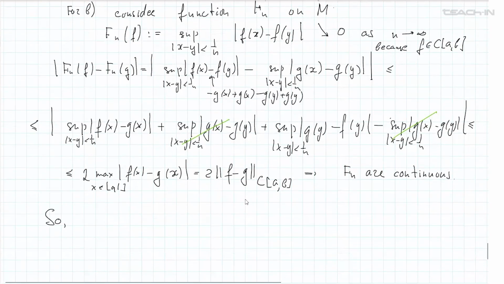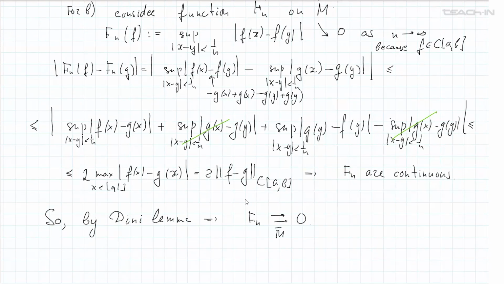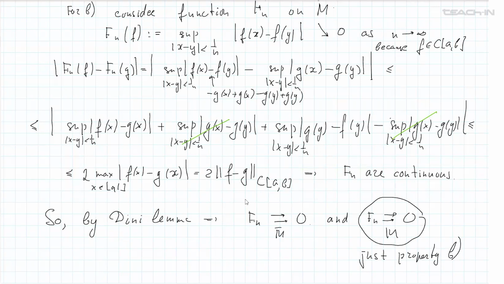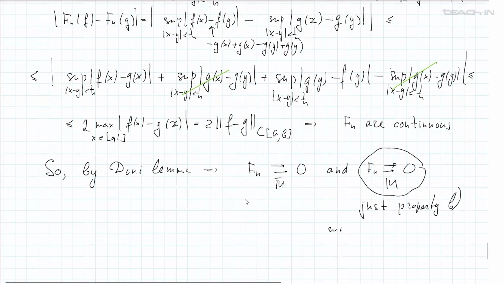So by the Dini lemma, we conclude that f_n tends to 0 uniformly on M closure, on the compact set, and on our set M. And this is just property B with changing delta to 1 over n.